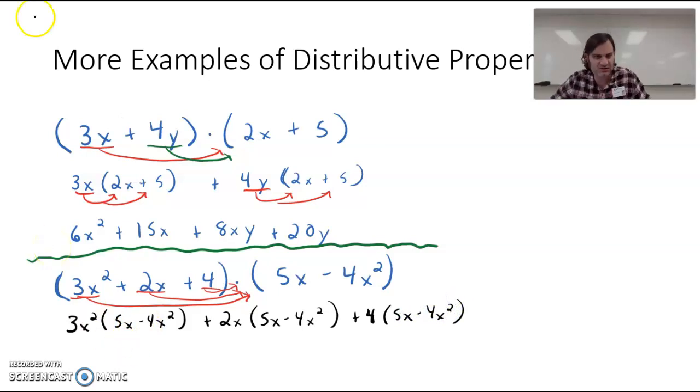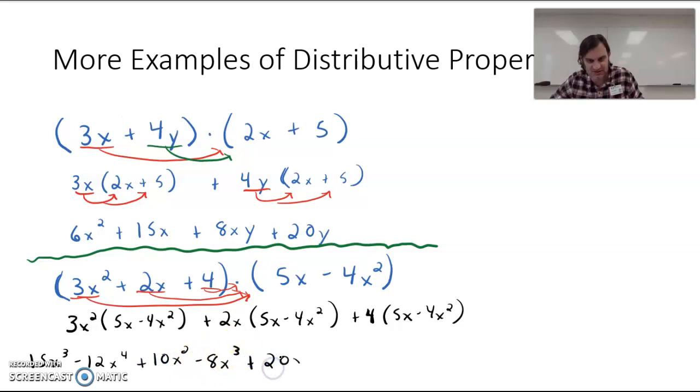Okay, which will give us a lot of stuff. Let's write it out. So in the first one, we'll have 15x cubed minus 12x to the fourth plus 10x squared minus 8x cubed plus 20x minus 16x squared.